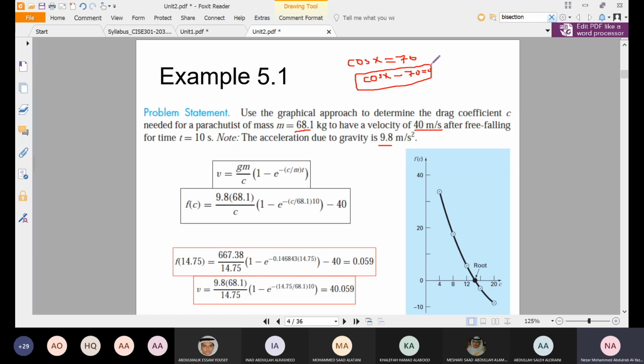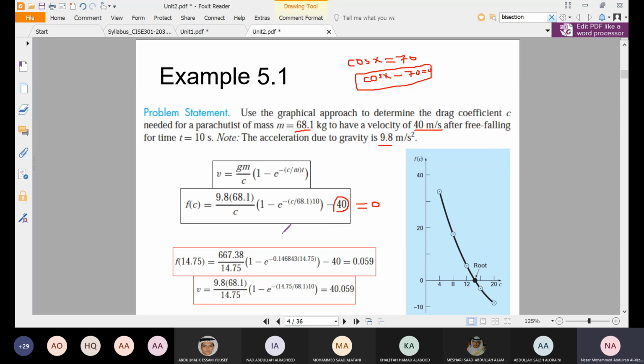So to have the problem in terms of finding zeros or roots, we substitute v by 40 in the equation, and after that we equalize it to 0.